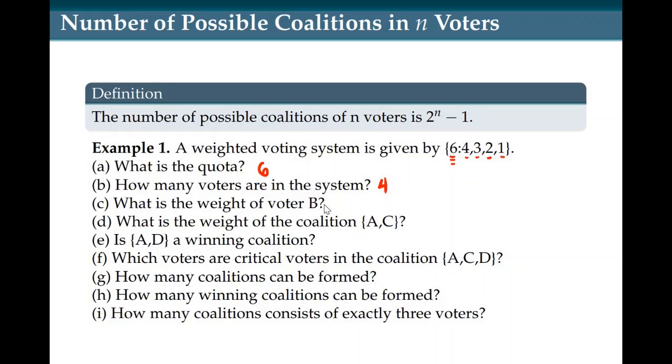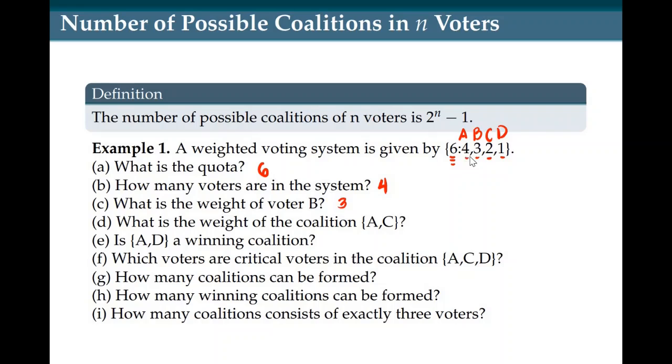What is the weight of voter B? If we let the first voter be voter A, then voter B, C, and D, voter B here has 3. What is the weight of the coalition A, C?